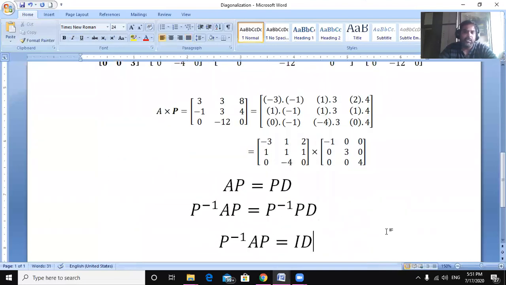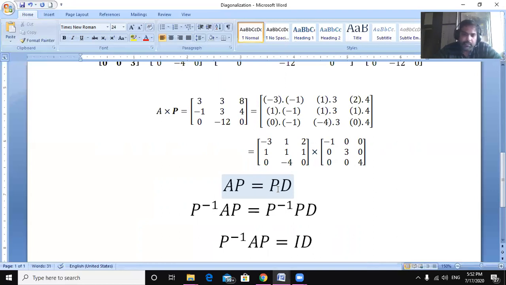So now A into P is equal to P into D. So I got this relation. This is true for all matrices, not only this one. This is an example where any matrix will satisfy this condition if eigenvectors exist. All operators do not have eigenvectors, as we have seen in last classes.